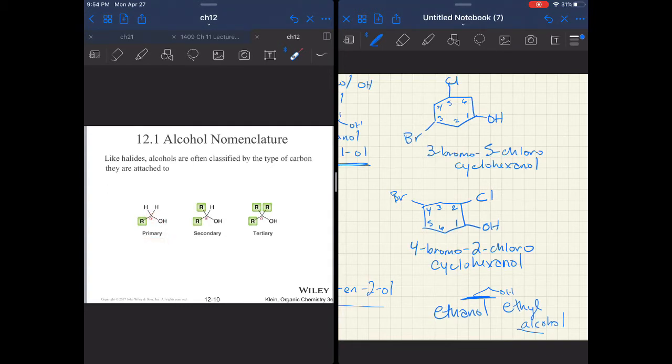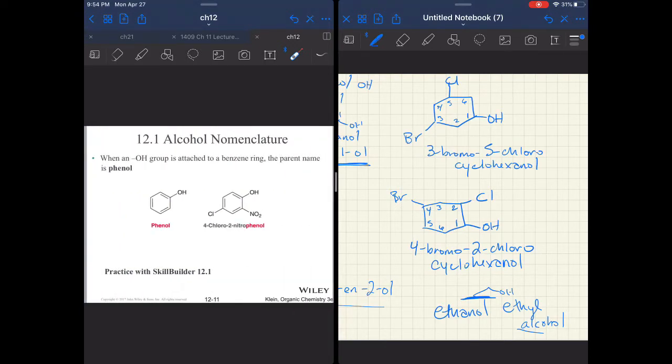A primary alcohol is on a carbon with 1 R group and 2 hydrogens. Secondary, there's 2 R groups, and tertiary, there's 3. This is going to be important in our discussion because reactivity on primary and secondary might be different than that of tertiary, kind of like with the alkyl halides.